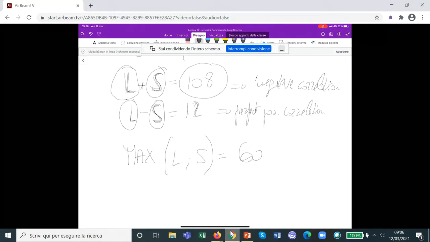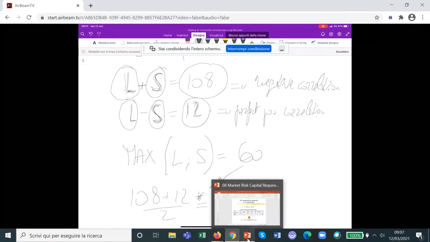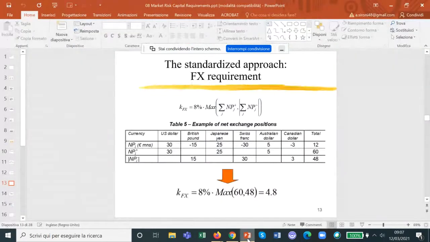But if you think about it, if you take an average of these two approaches, a very conservative one and a very aggressive one, a simple arithmetic average would be 108 plus 12 divided by 2, which is equal to 60. So this is kind of a midpoint between a very conservative and a very aggressive one. And then what you have to do is take 8% of this. That's the way the currency risk capital requirement is computed, and it is still the case today.